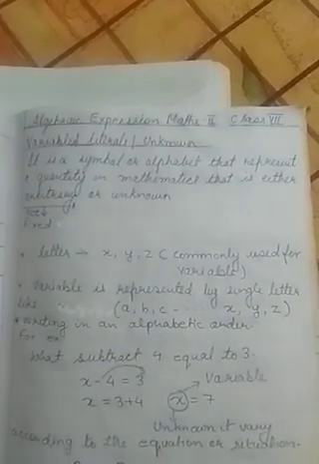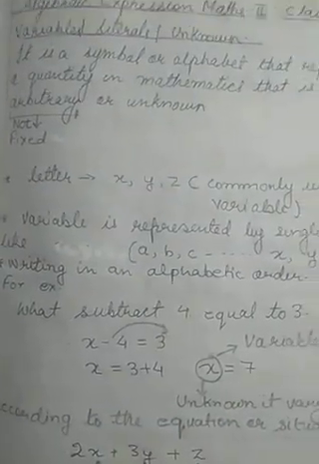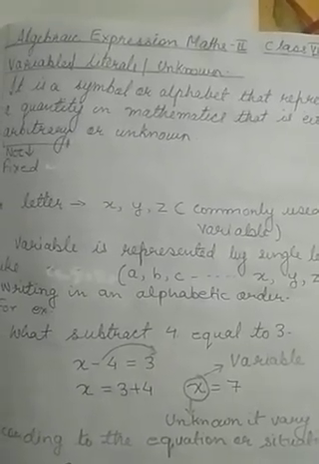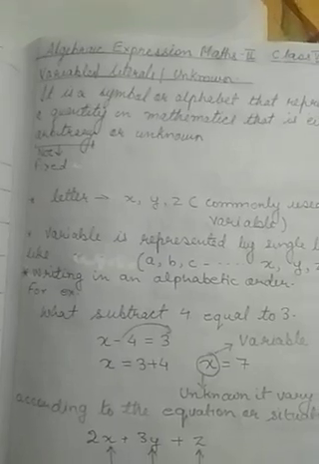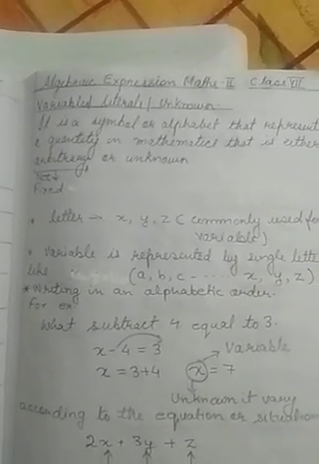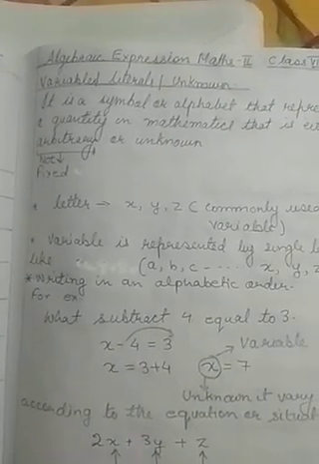So here x minus 4 is equals to 3. Then this minus will be transferred to 3 and the sign will change, minus will turn into positive. So x is equals to 3 plus 4, that is 7.